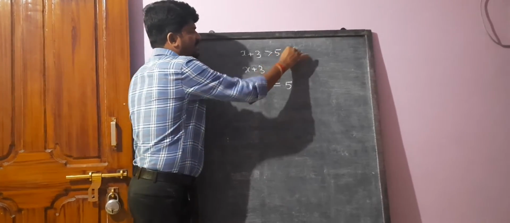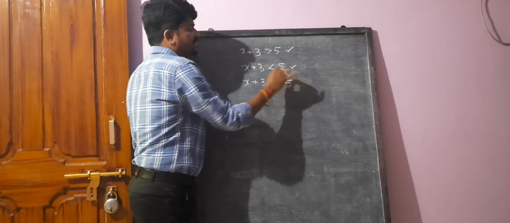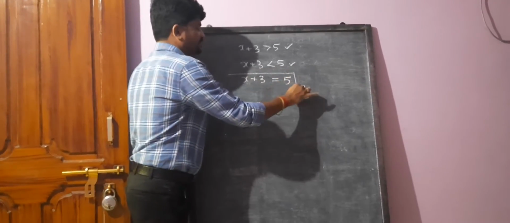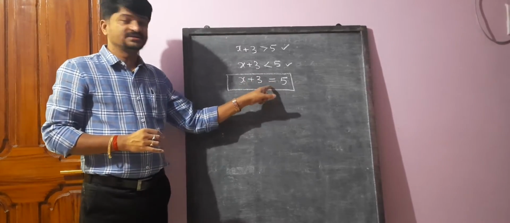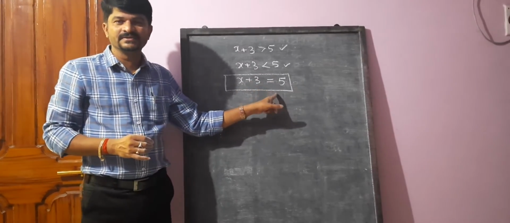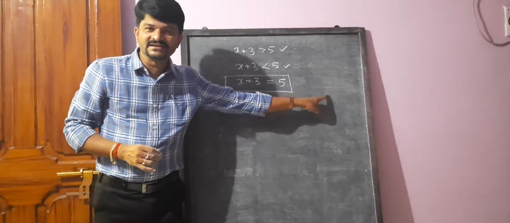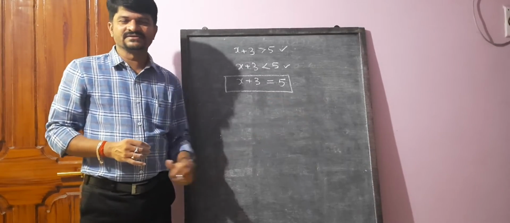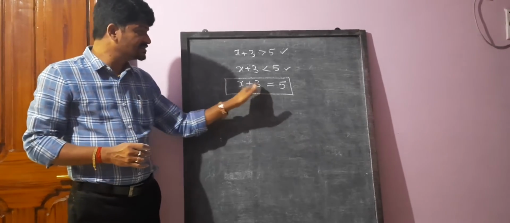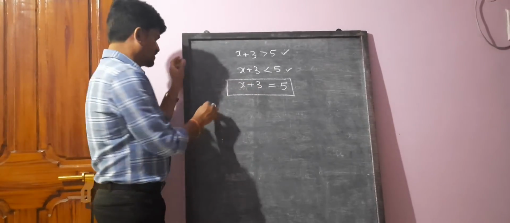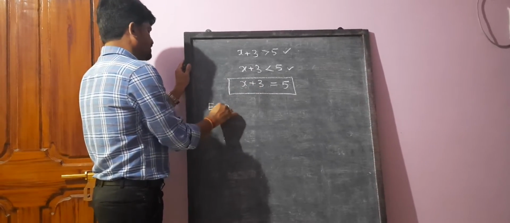Here only greater than, here only less than, here only the equality sign. This sentence has a special name, that is equation. Is it clear, children? This is called an equation. What is an equation's definition?